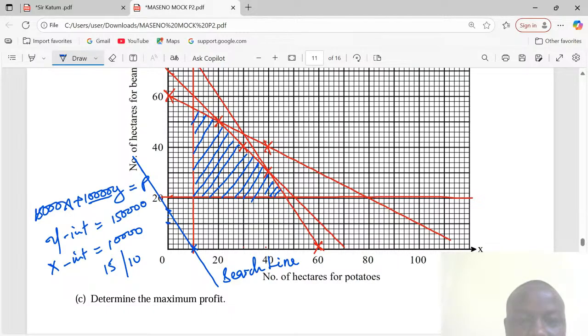Then we see the last coordinate that we shall encounter. The last coordinate that we shall encounter, and it is within the region, is automatically going to be this one.